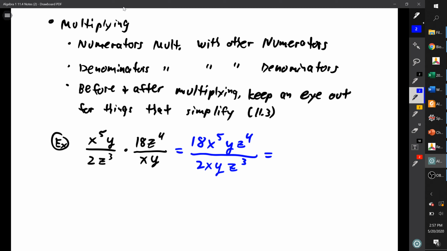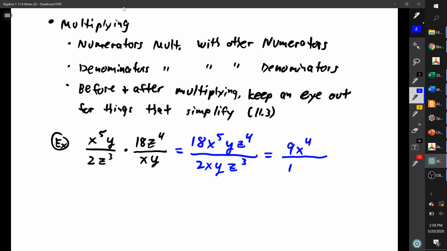Well, 18 over 2 is 9, so I'm going to have a 9 on top, a 1 on the bottom. Then the x's. Here's the way I recommend looking at it, I think it's easier this way. Is the power of x bigger on top or on the bottom? On top. By how many powers? By 4. So you put an x to the 4th on top.